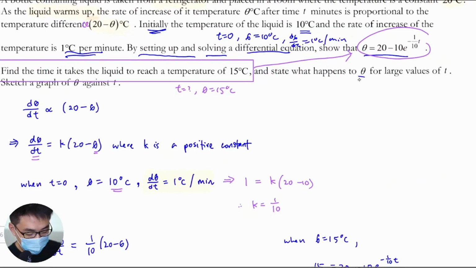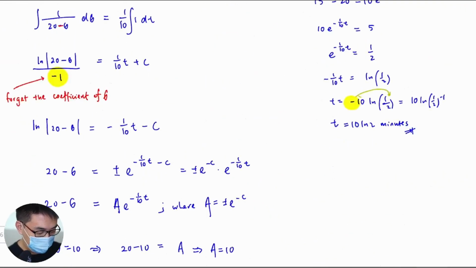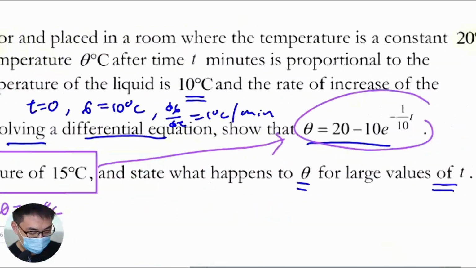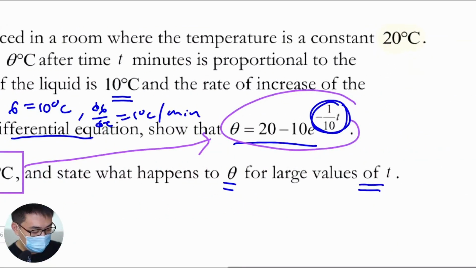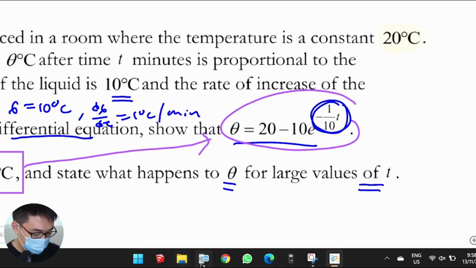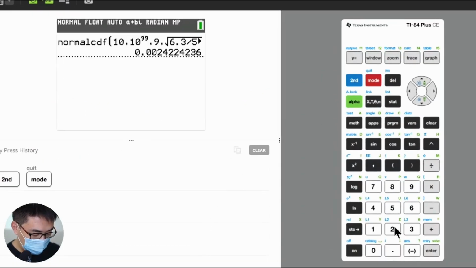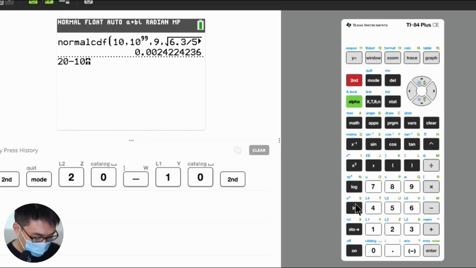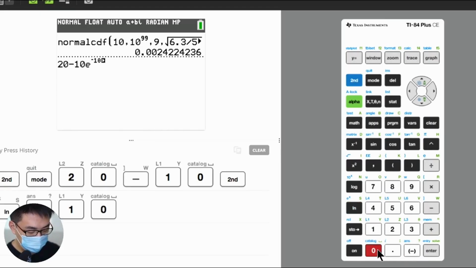Say what happens to theta for very large t. As t goes to infinity, you have to know that e to the power of negative t over 10 is a negative power. If you're not very sure, this is what you do, guys. Cheat code: just bring a calculator. Key in whatever you want, like 20 minus e to the power of negative 1 million.